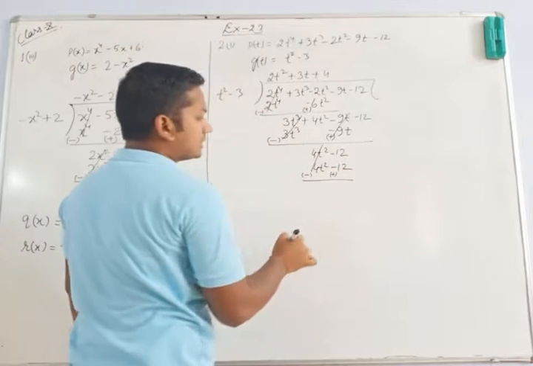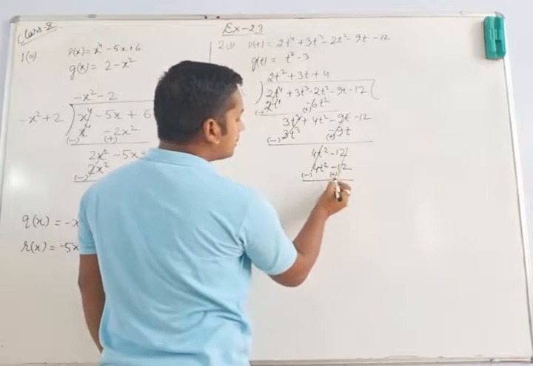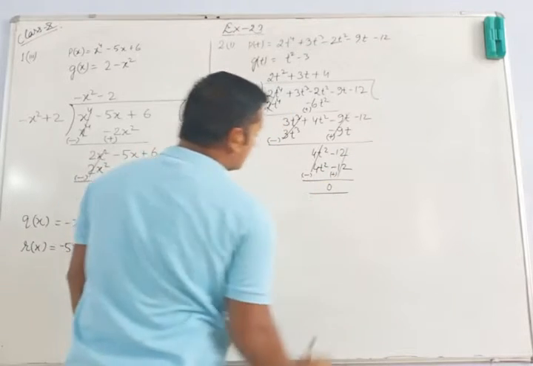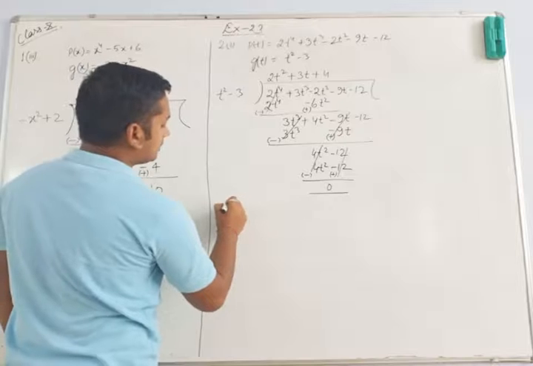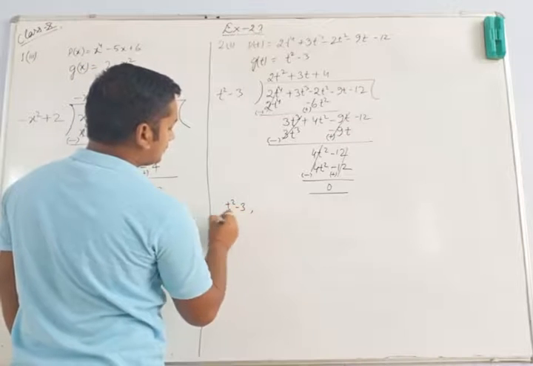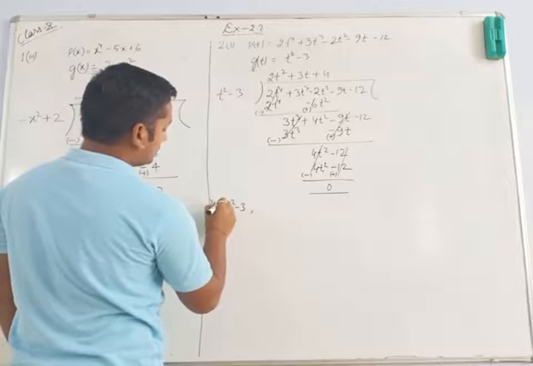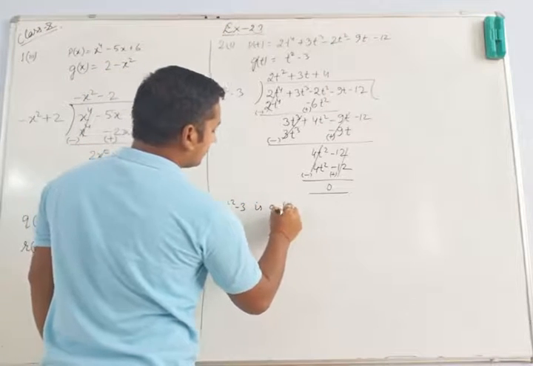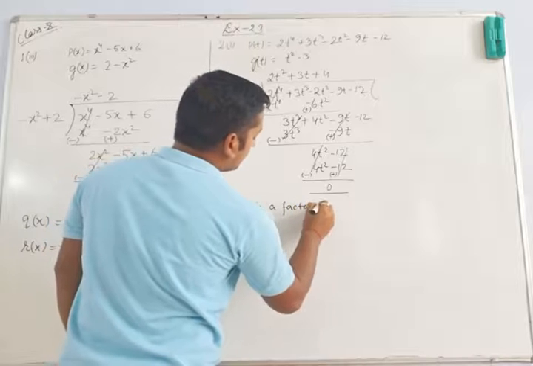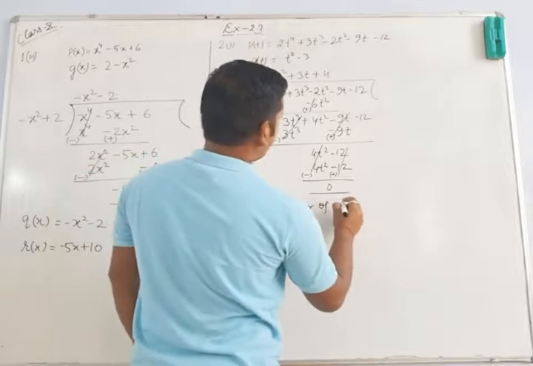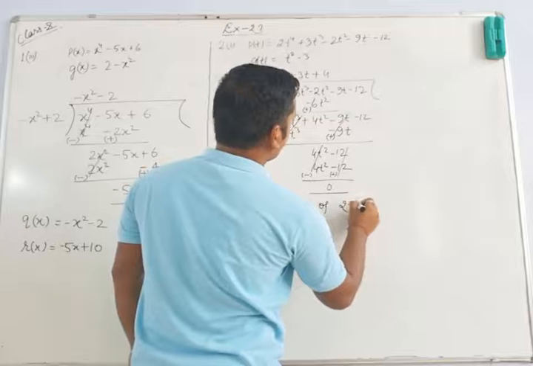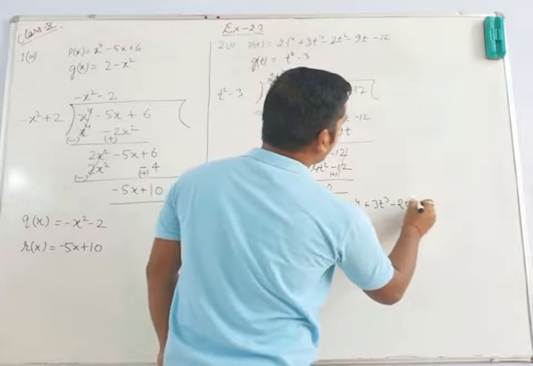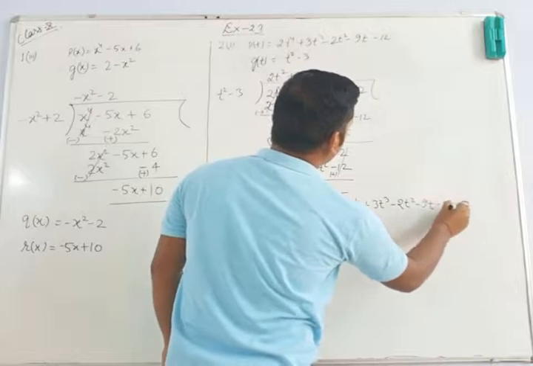These two will get cancelled out, and these two will also get cancelled out, because this is positive and this one is negative, so you will be getting a remainder as 0. So we will be saying yes, t square minus 3 is a factor of 2t raised to the power 4 plus 3t cube minus 2t square minus 9t minus 12.